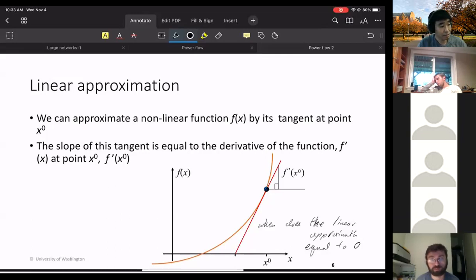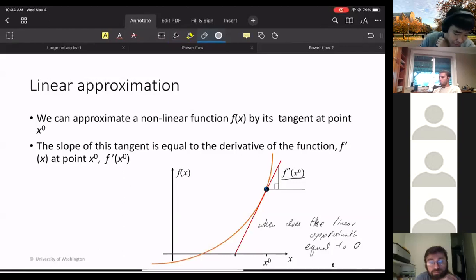But that's okay, because you can approximate your function using the tangent and ask, when does the tangent cross 0? To get the slope of the tangent, we have to take the derivative of the function. So the idea is we take the derivative of the function, we get a linear approximation, and we look at whether we can solve this linear approximation or not.